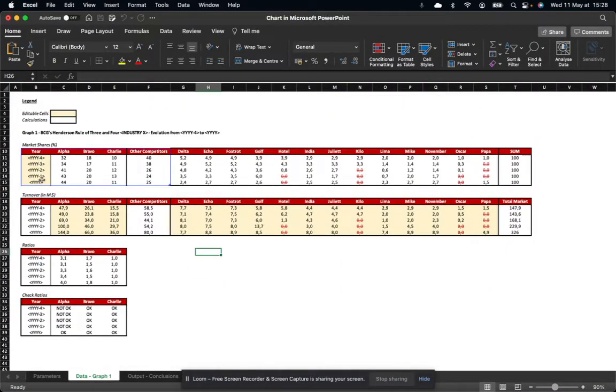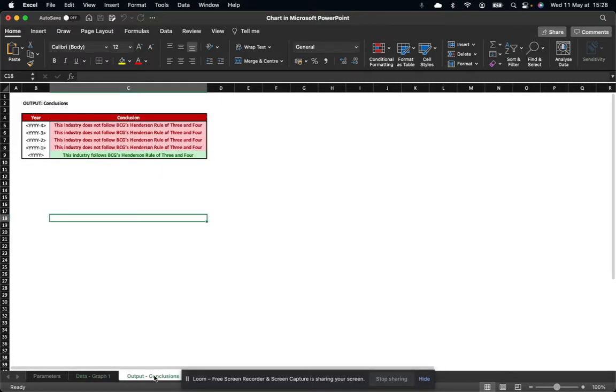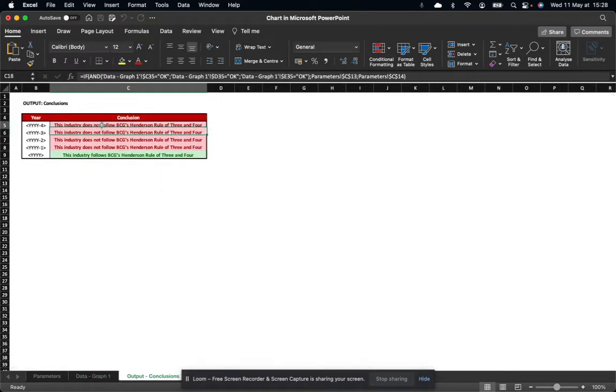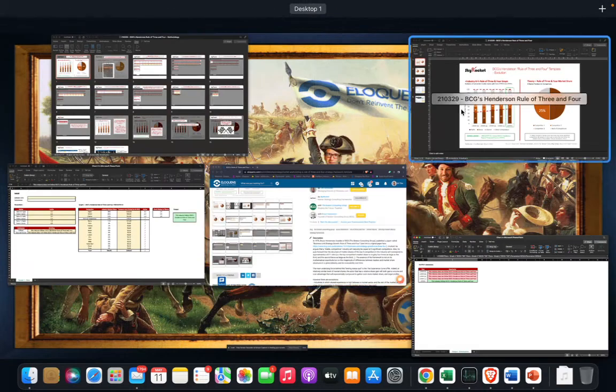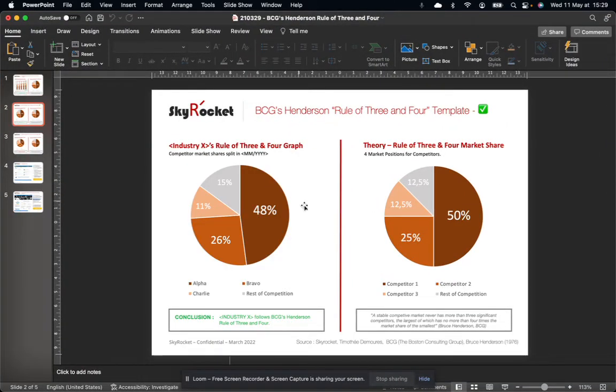So we basically look at the different turnovers over the years. We calculate the ratios per top competitor, and then the model automatically calculates when the industry respects BCG's Henderson Rule of 3 and 4. The other slide is this one, so it's easier.